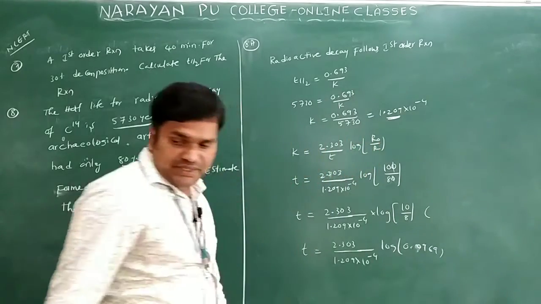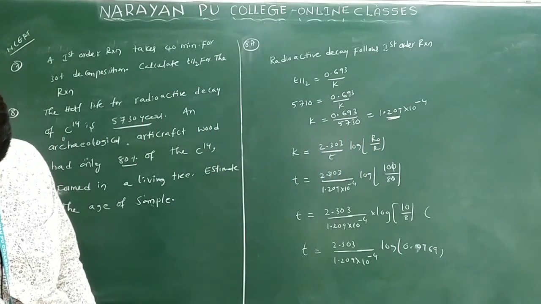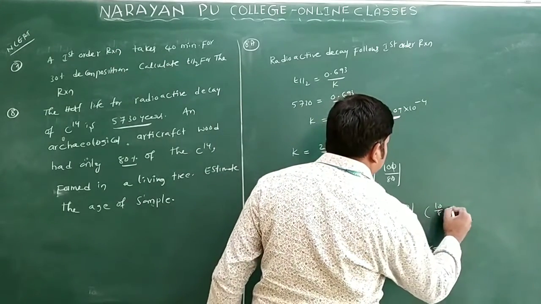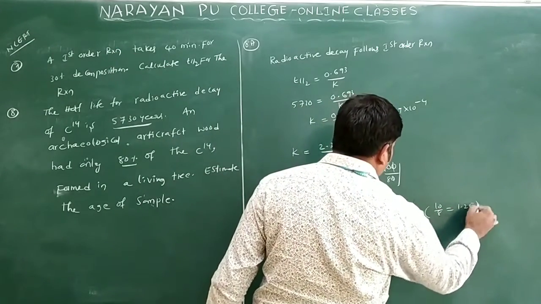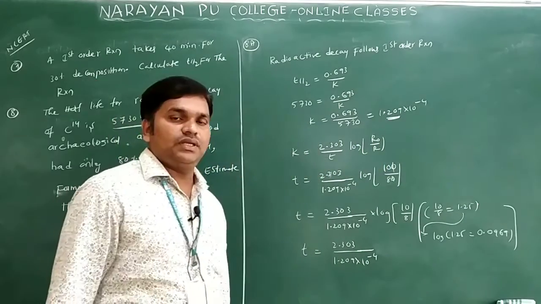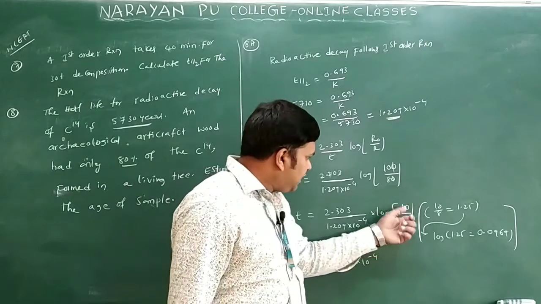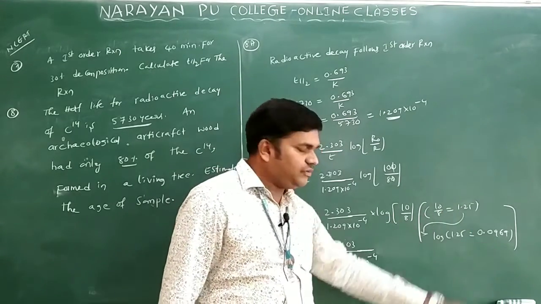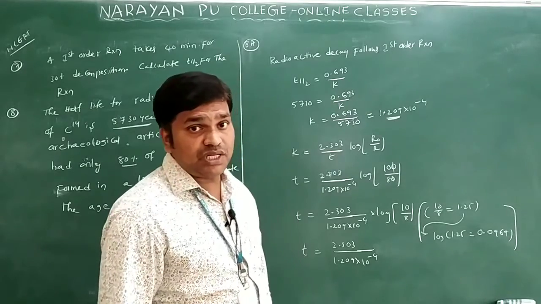Log 10 by 8: 10 by 8 value, how much will you get? 1.25. So log 1.25 value here is 0.0969. This is a small change you will see. Log 10 by 8, that is the log of the 1.25 value, we have 0.0969.